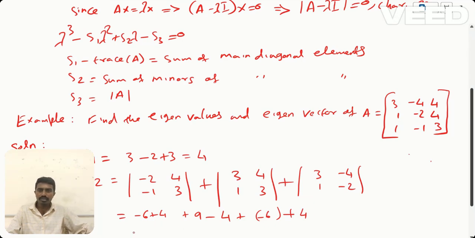So this is equal to minus 2 plus 5, then minus 2, which is equal to 1.